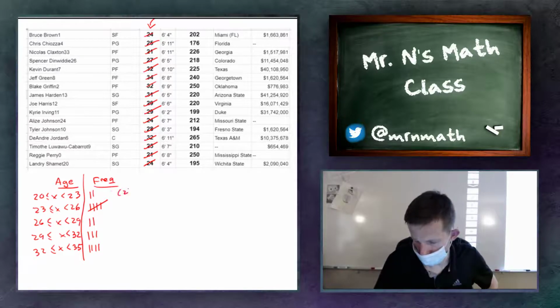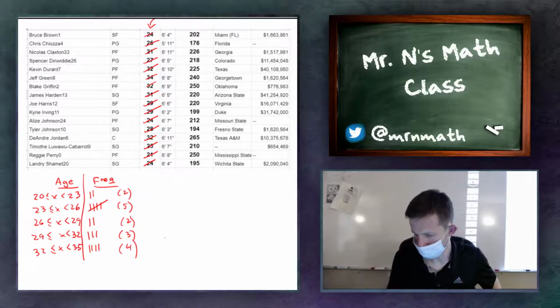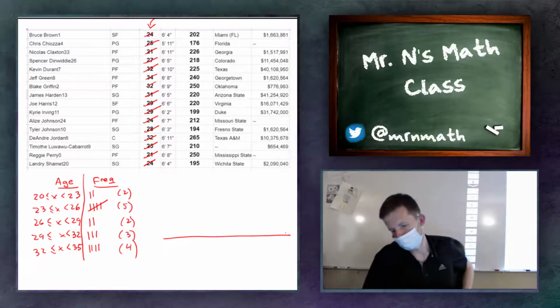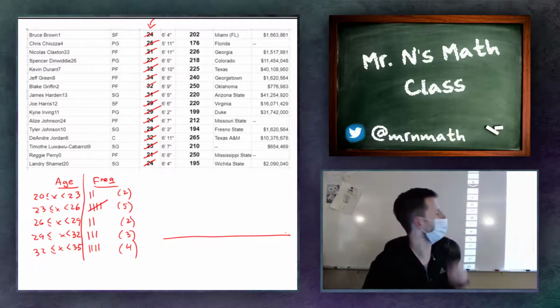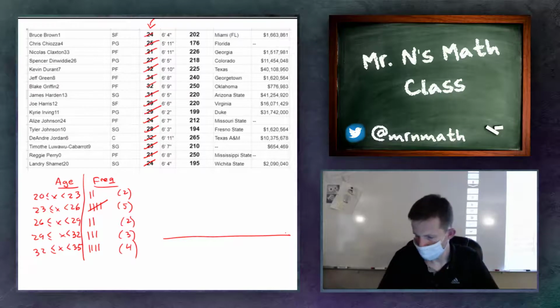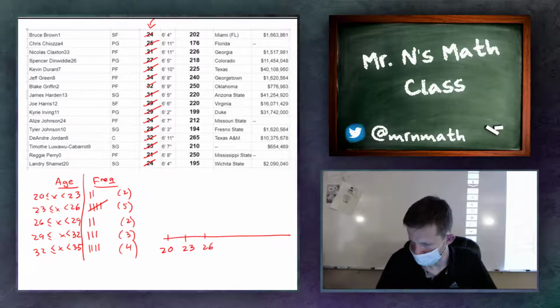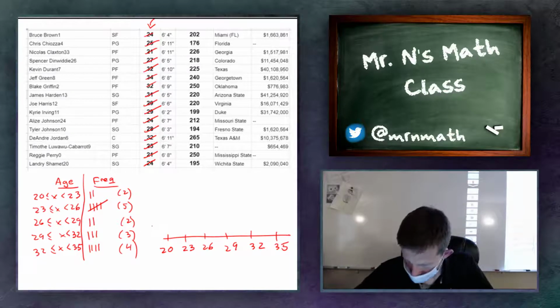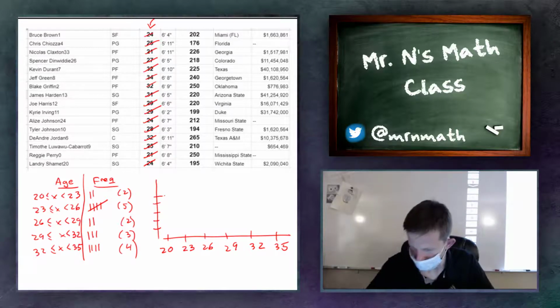So let's see, 2, 5, 2, 3, 4. And what would the graph of this look like? So you've got 20, 23, 26, 29, 32, 35. 1, 2, 3, 4, 5.